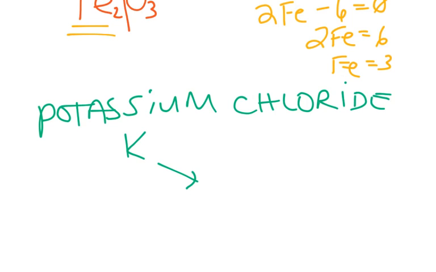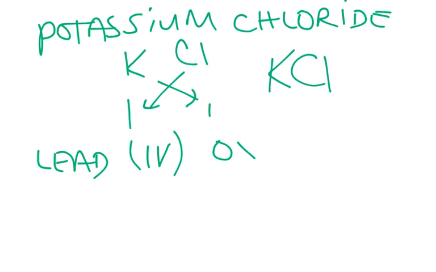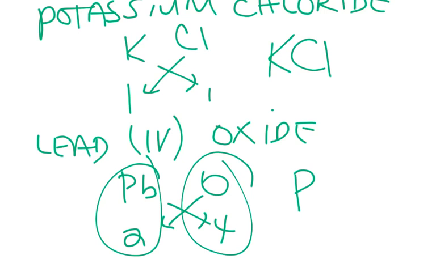So potassium is a 1, chlorine is a 1, that's KCl. If you were given lead(IV) oxide, again, you crisscross. So Pb is a 4, oxygen is a 2, so I get Pb2O4, which we know reduces down to PbO2.